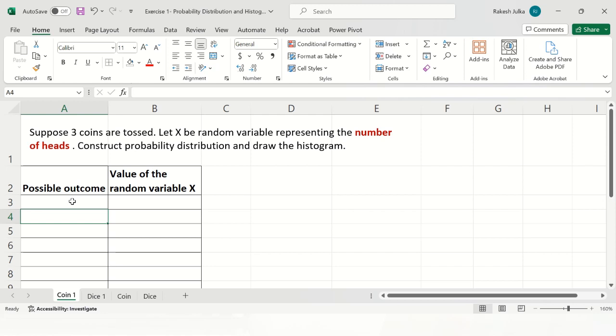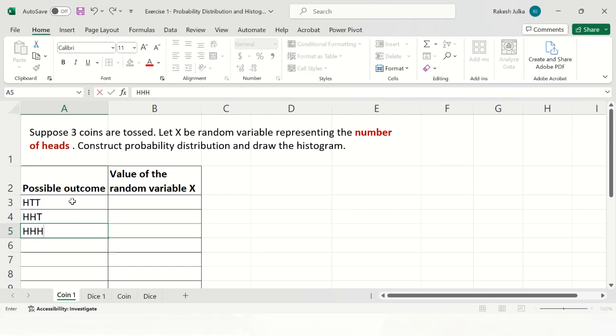So one time the coin is tossed, there may be a head. Then the second time there may be a tail, and the third time there may be a tail. The next possibility may be head and tail, and sometimes the possibility will be head, head, head, three times head.